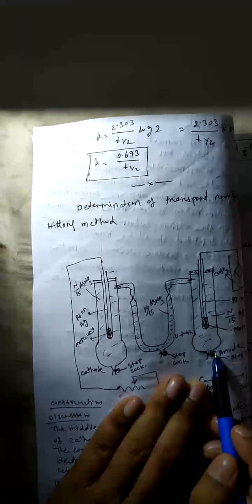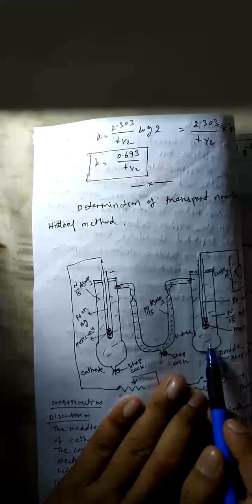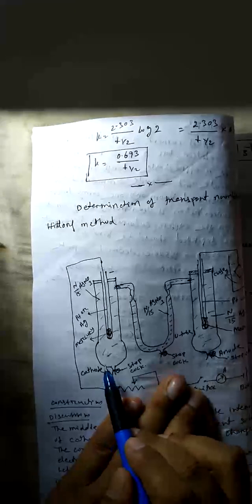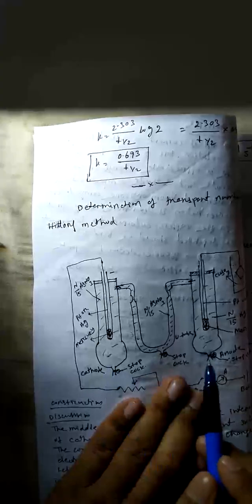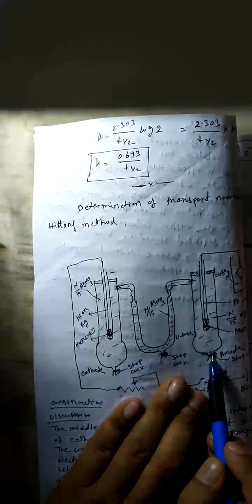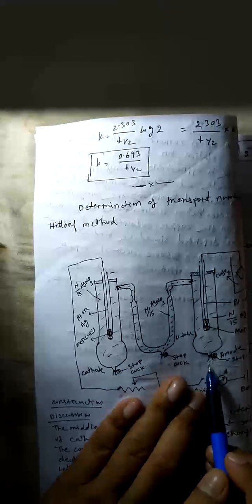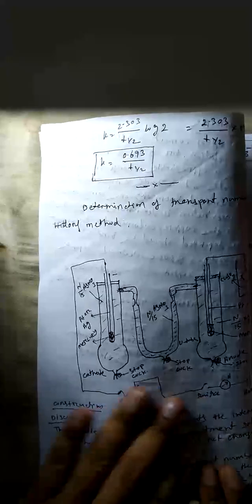Then you open this stopcock and all the ions are collected from the anode compartment. You can also collect from the cathode compartment, but you have to take either one of the compartments. In case of the anode, we open the stopcock, remove all the silver nitrate solution, and by titration method determine the concentration.